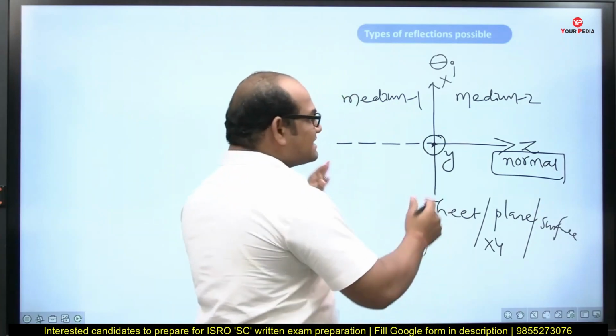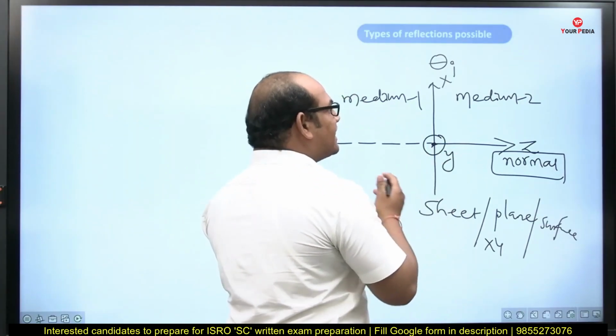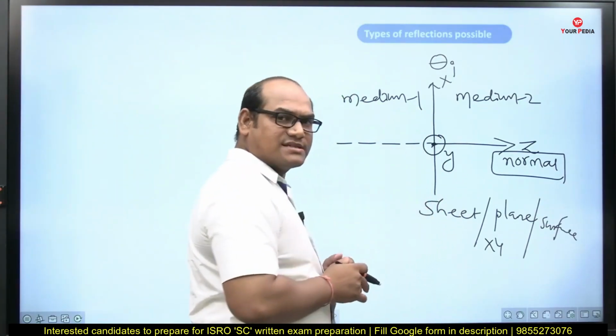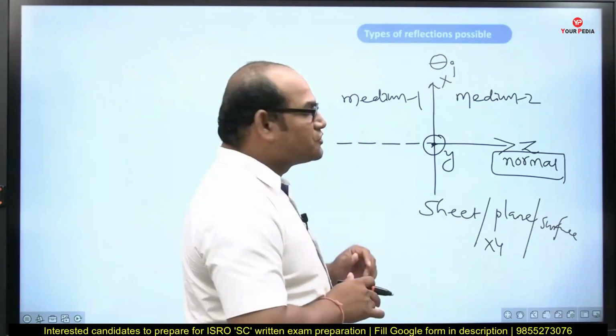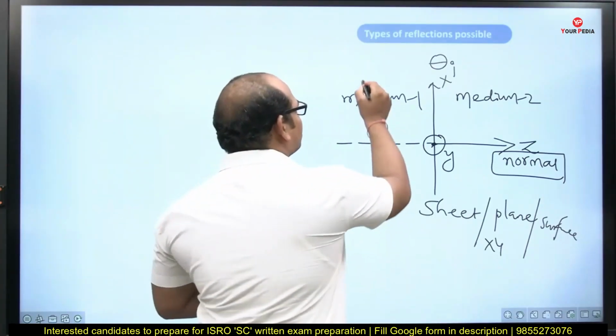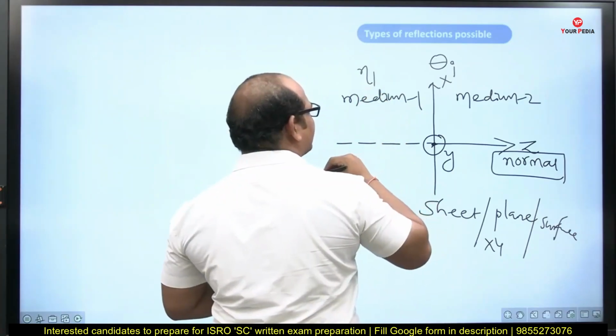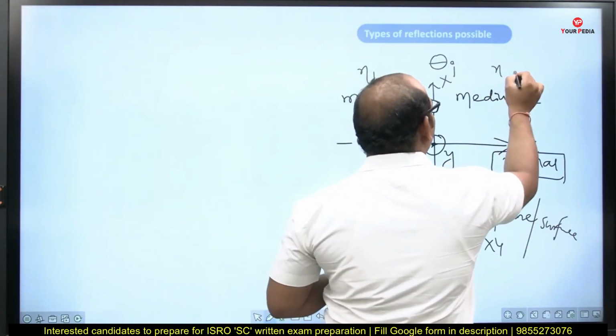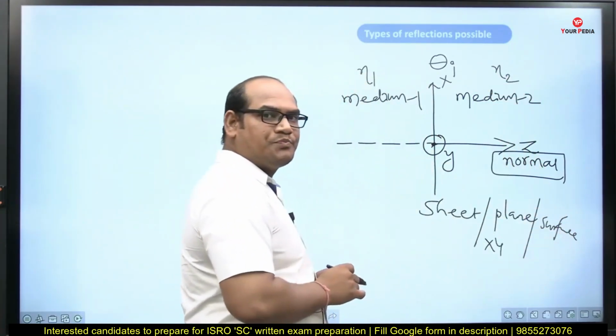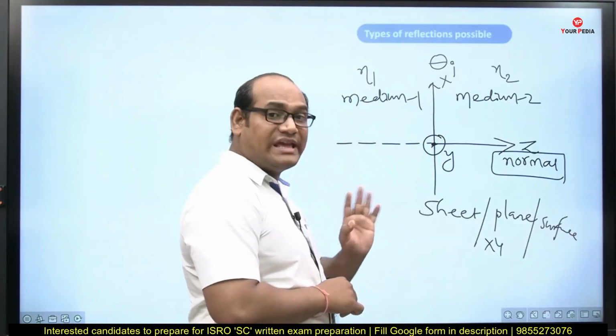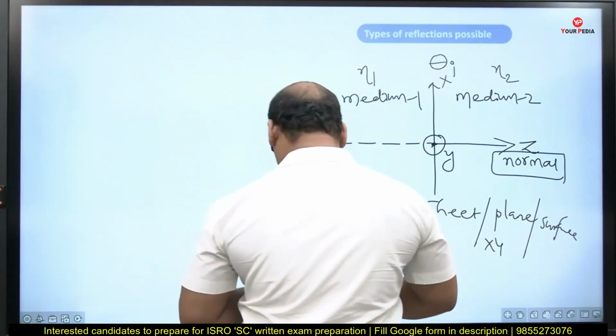So this is the situation you can take in all the possible reflection cases. Medium 1 may have the impedance eta 1 and medium 2 should have a different impedance, eta 2. Because of this impedance mismatch only, reflections are coming.